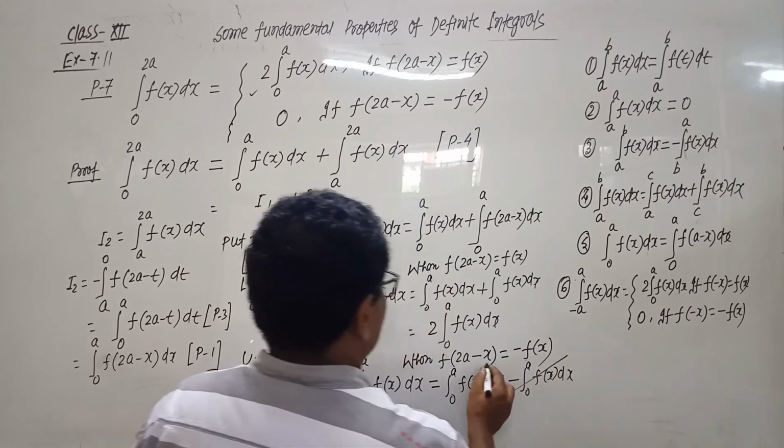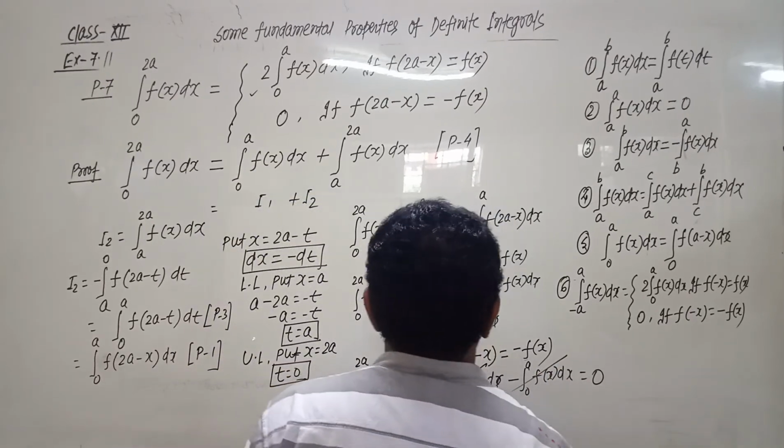So this gets cancelled from minus plus and the result comes to be 0.